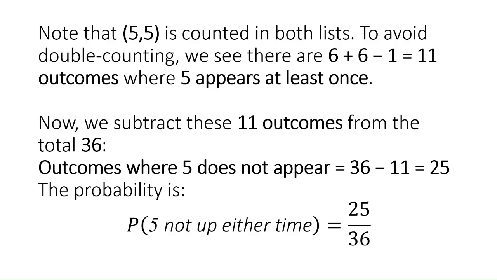What is the probability that 5 does not come up either time? That will be 25 by 36, where 25 is the number of favorable outcomes where we do not observe 5 on either die, and 36 is the total possible outcomes.